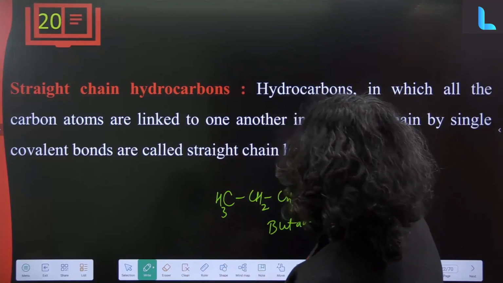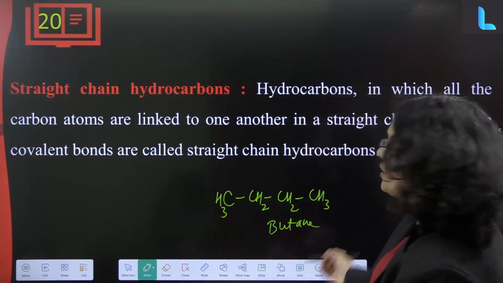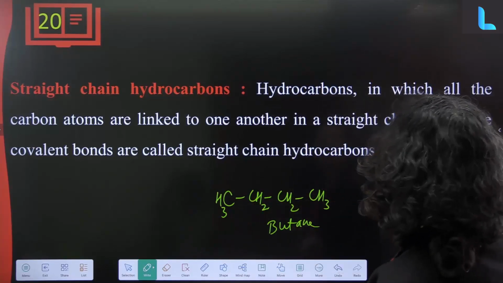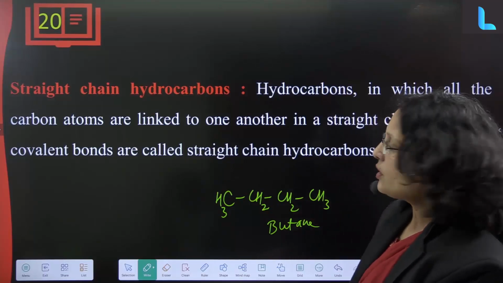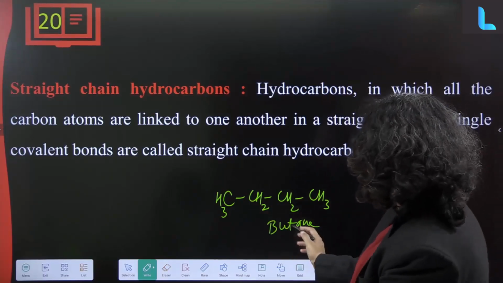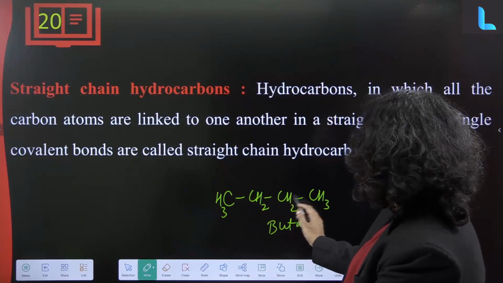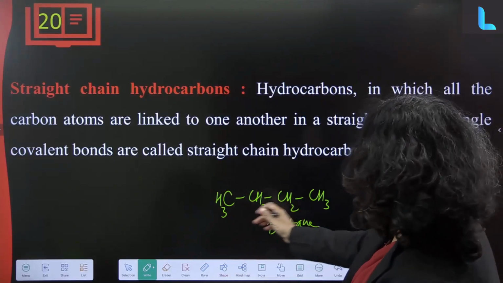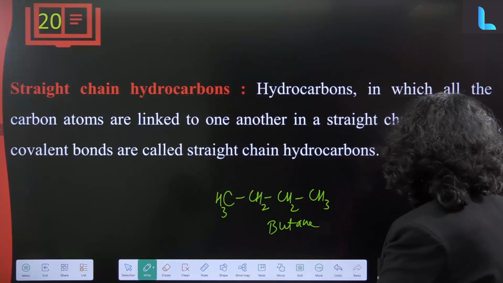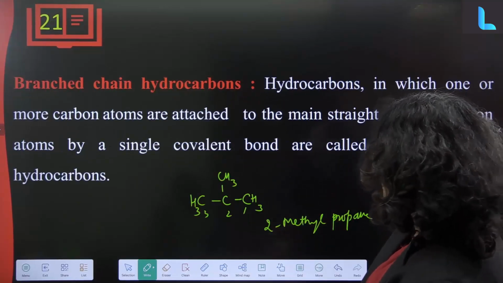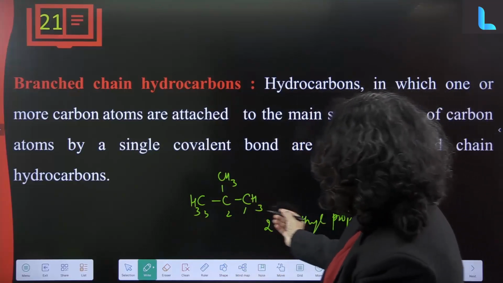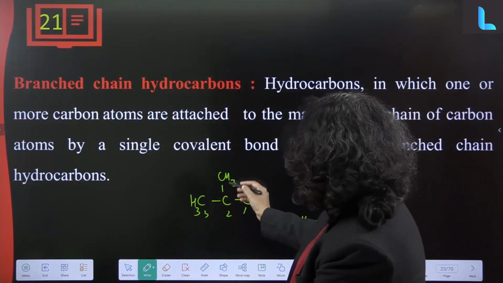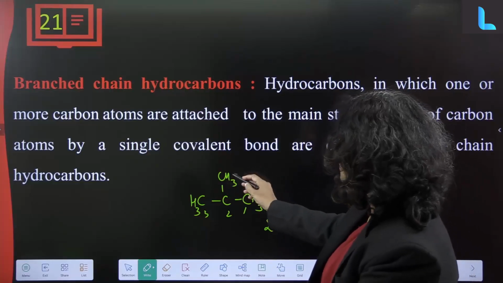Let us see straight chain hydrocarbons, when they are all connected in a straight chain, like hydrocarbons in which all the carbon atoms are linked to one another in a straight chain by single covalent bonds. We can see here this is called butane, because the word but is used for 4 carbons, all connected in a straight chain. Okay. Next we are talking about branch chain. We can see here there is one branch. If we number it 1, 2 and 3, carbon number 2 has this branch coming.